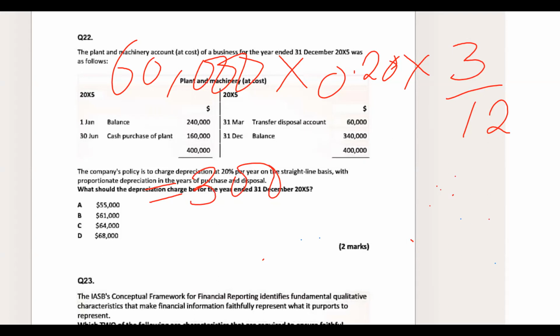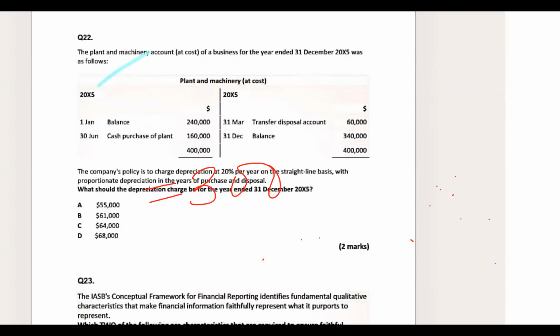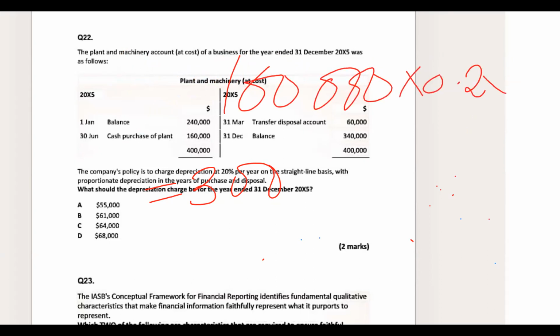What about this one which came in June? That's 6 months. You purchased a plant that was 160,000 times 0.2 times 6/12.